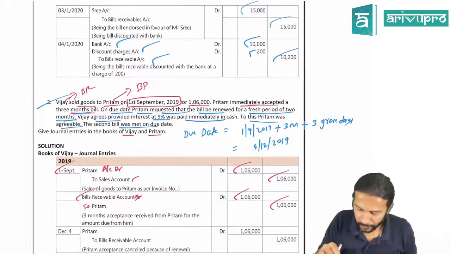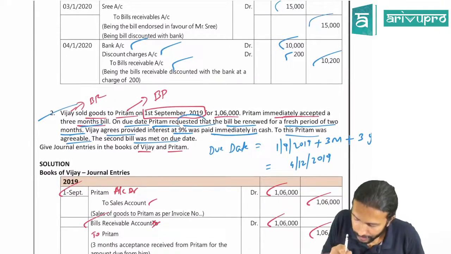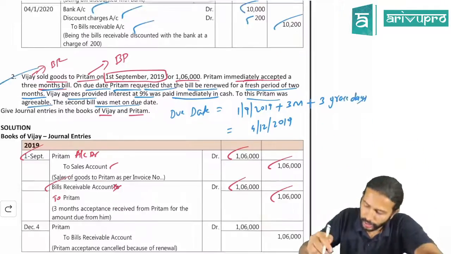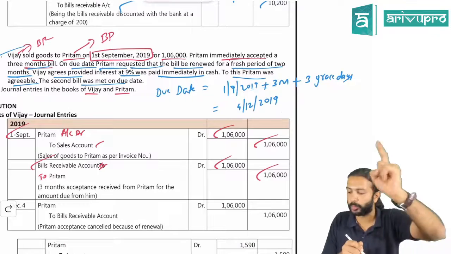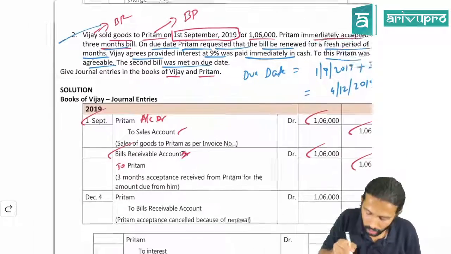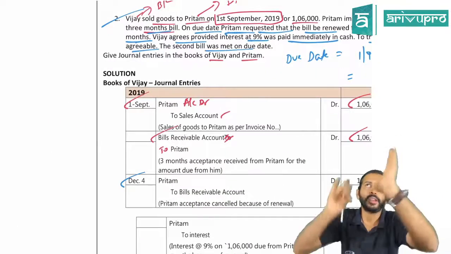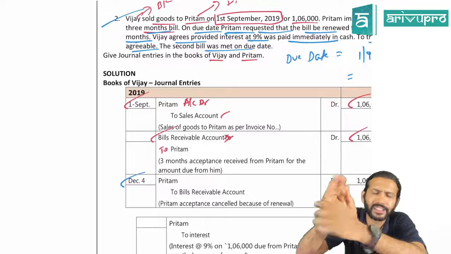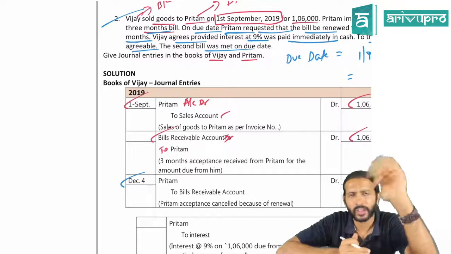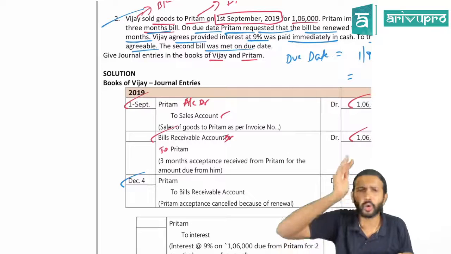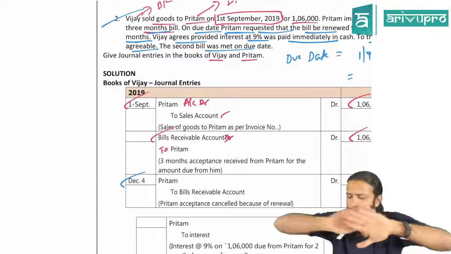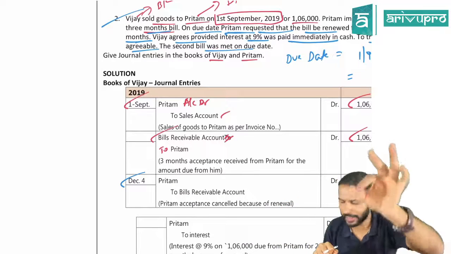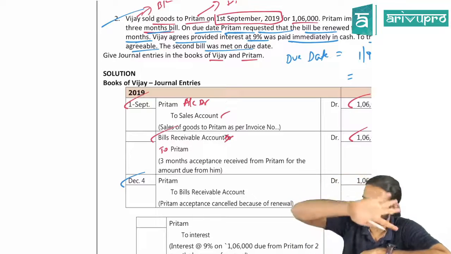Alright, check here. On the due date, Preetham requested. That means on the due date, what do you need to think? On the due date, that is 4th December, is the old bill still existing or has it become worthless? Since you renewed the bill, is the old bill valid or invalid? It has become invalid, so you need to cancel that.